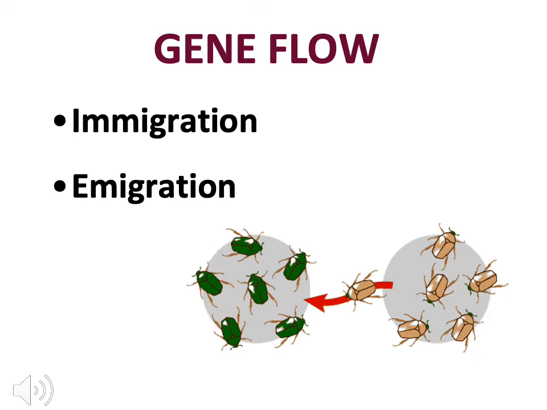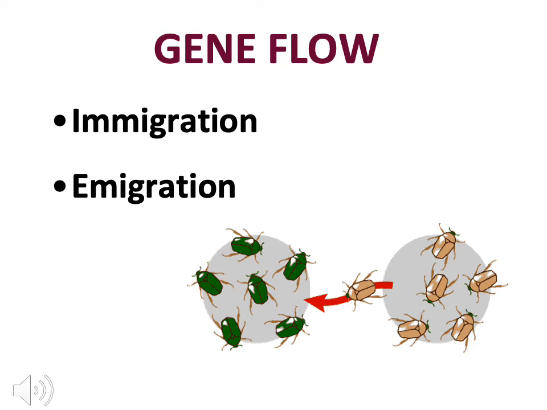That's what gene flow is all about. It is a characteristic of all natural populations. Immigration is the idea you can have new individuals coming in. Emigration, present individuals going out. And anytime you have an individual entering or leaving, you will have alleles or genes entering or leaving.